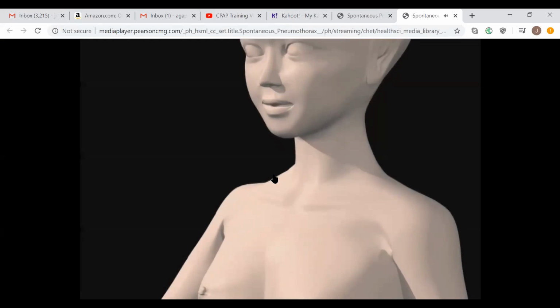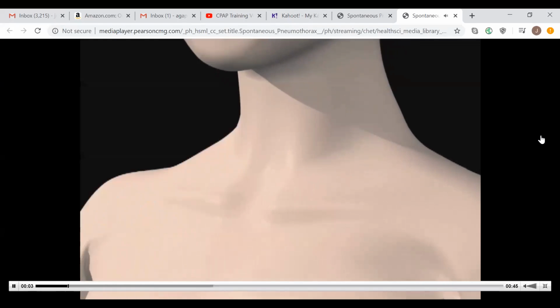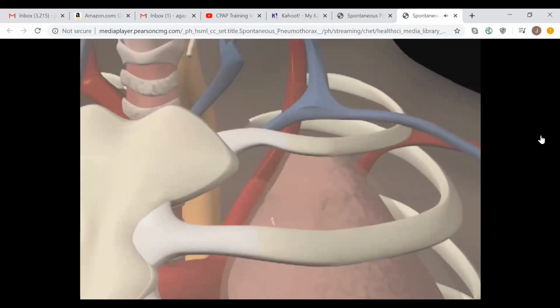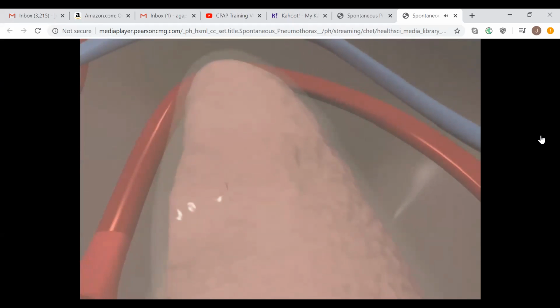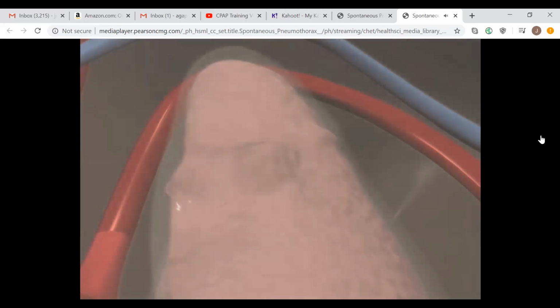Here's the next video. A spontaneous pneumothorax often occurs as the result of the rupture of a subpleural pulmonary bleb. A bleb is an area of weakened lung tissue, most often located in the apices of the lung, that fills with air. As a bleb distends, its wall weakens and wall tension increases.